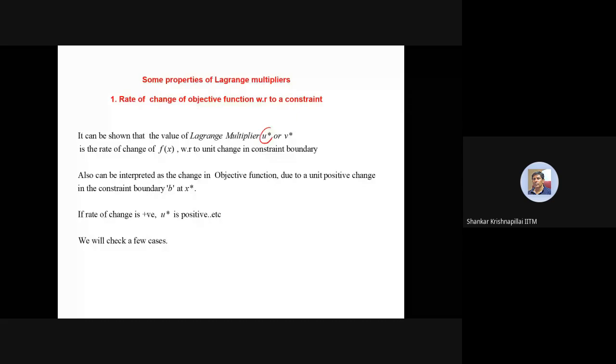Okay, let me exit and again see if this problem is going. Maybe internet is slow today. That may be one reason.